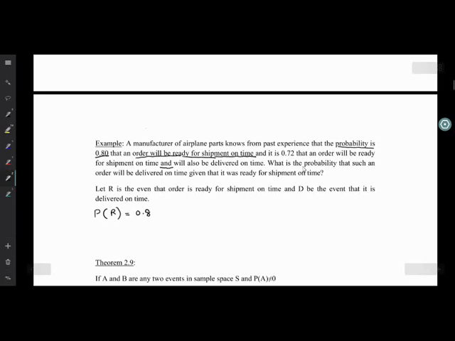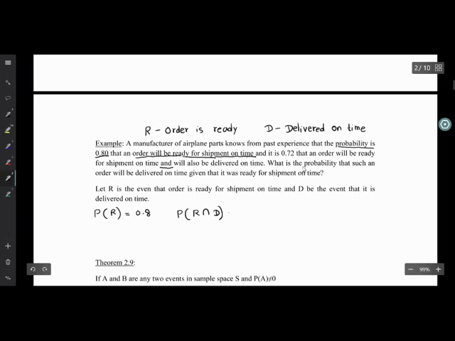So there are two events. We'll say R is the order is ready, and D is the order delivered on time. Then the 0.72 probability is the probability that the shipment is ready and it will be delivered on time.